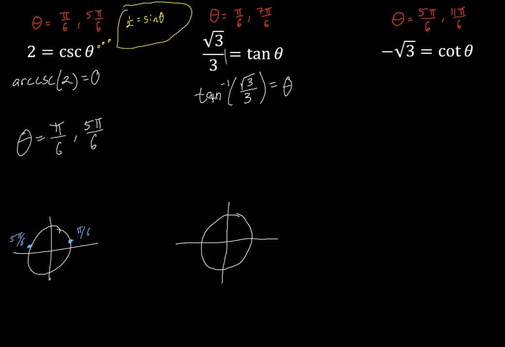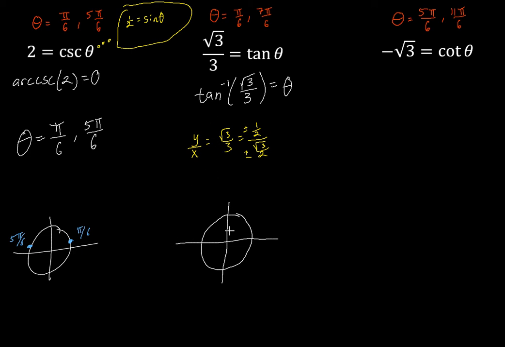So when does tangent of theta equal √3 over 3? That happens whenever, well, tangent is y over x. So in order to get that √3 over 3, it's going to happen anytime your y value is 1/2 and your x value is √3 over 2. And again, it could be positive, positive, or it could be negative, negative, in order to get that positive √3 over 3.